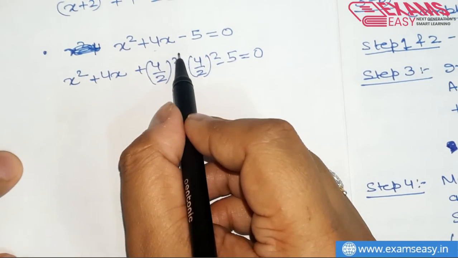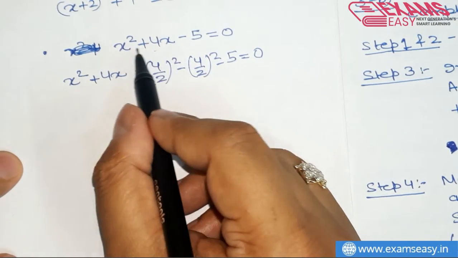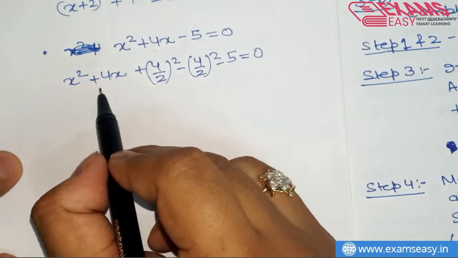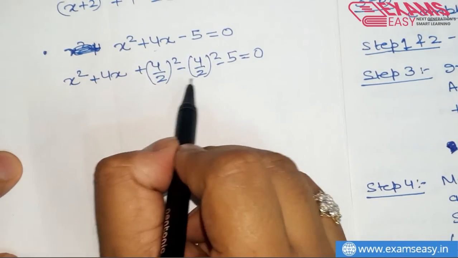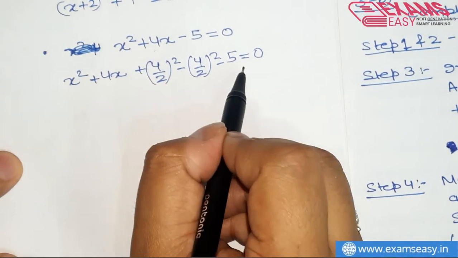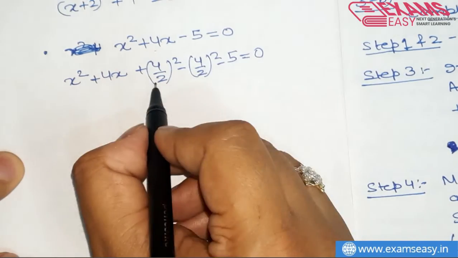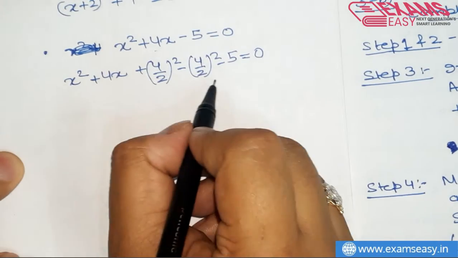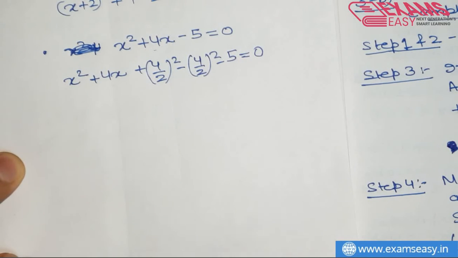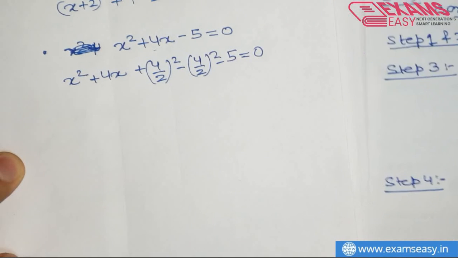Friends, you can see here that these two terms get cancelled and we get our original expression. So these two terms do not affect this quadratic equation, and it is valid to write it in this way. This completes our step 3. Now let us look at step 4.